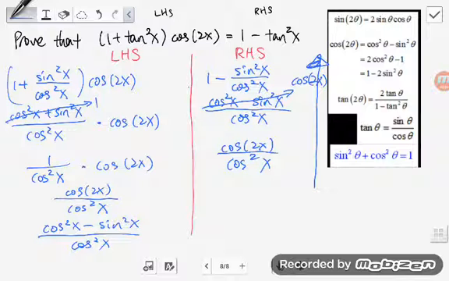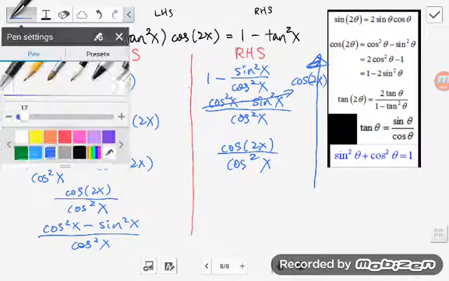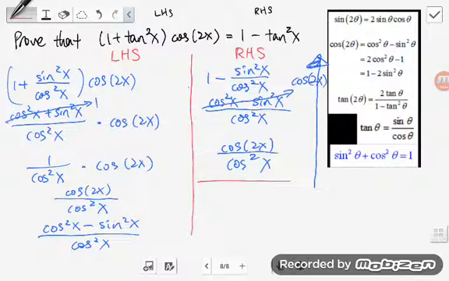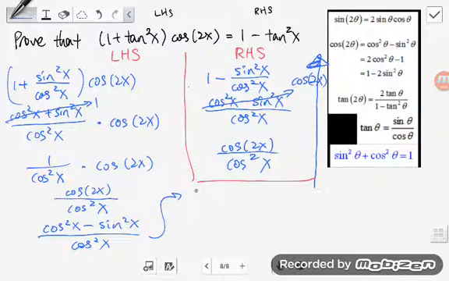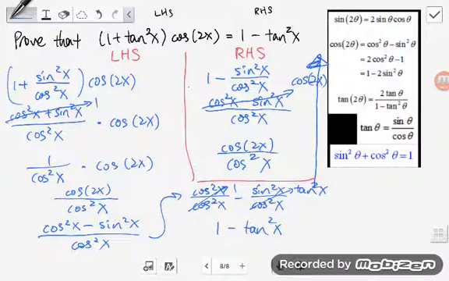And then finally I'm going to break it down. All right, so I'm going to bring my right hand side over here. So now I will have cosine square x over cosine square x minus sine square x over cosine square x. This is just 1, and this becomes tangent x squared. So I'll have 1 minus tangent x squared, right? Which is what I have over here.